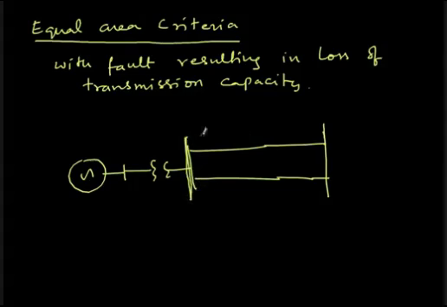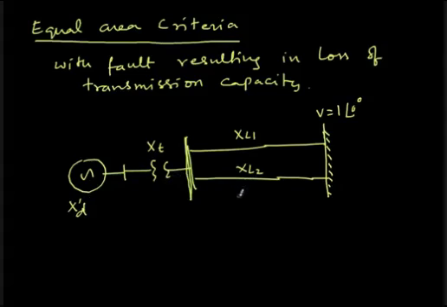So this is line 1 and line 2. This has transformer reactance XT, and this has reactance XL1 and XL2, and then finally this is the infinite bus or the grid. Here it's assumed that the voltage is 1 at an angle of 0 degrees.